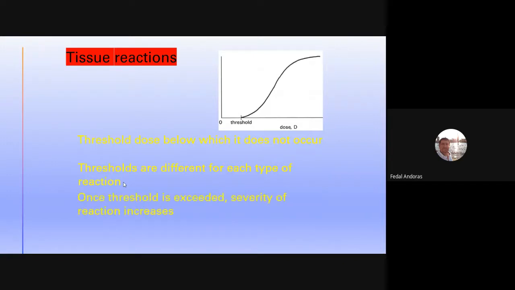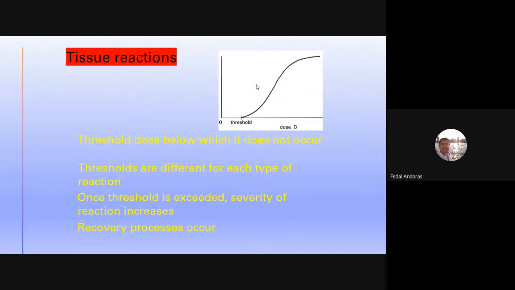Once the threshold is exceeded, the severity of the reaction increases. Straightforward. Here we have the threshold. The harmful effect will start going further with the dose, so the tissue reaction, or the severity of radiation reaction, will increase. What's good for tissue reaction?